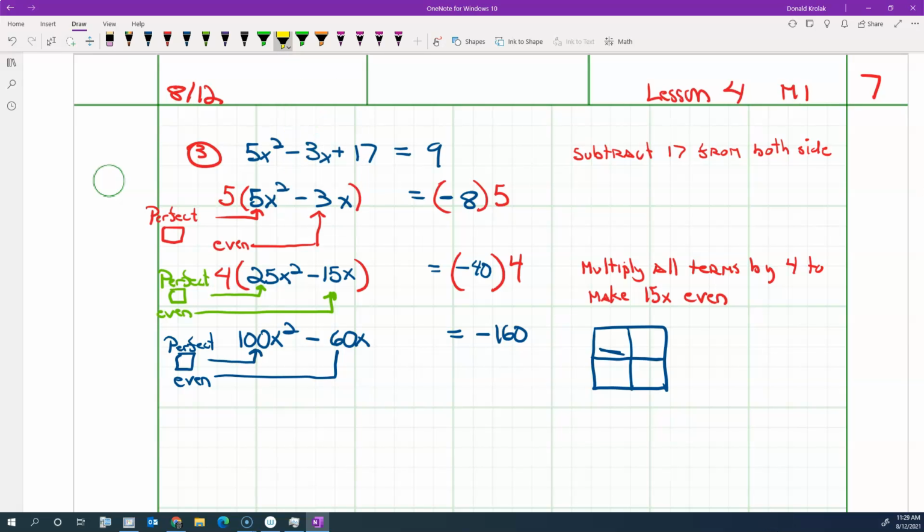Okay, so go ahead and fill out your box. Okay, and these two got to add up to negative 60.